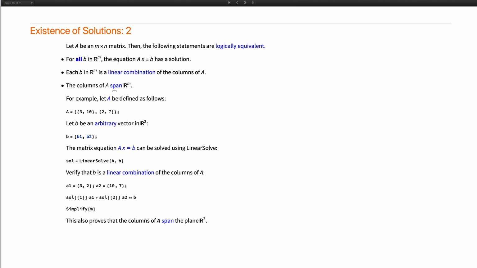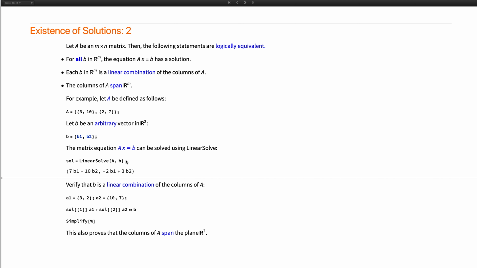So that's a relationship between A and B, but A is fixed and B is varying. So here's the matrix A, for example. Here's an arbitrary vector in 2 dimensions. Now, if I solve the system Ax equal to b using linear solve, I get back a solution.